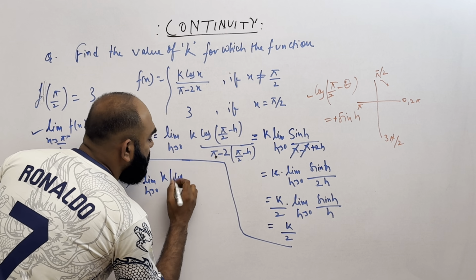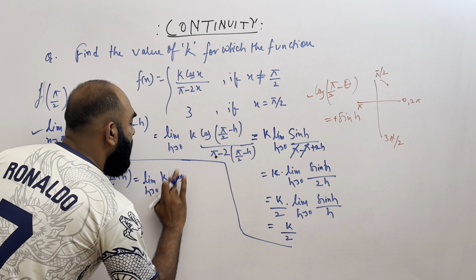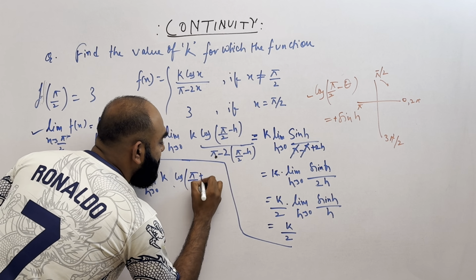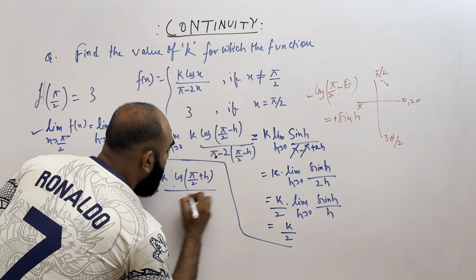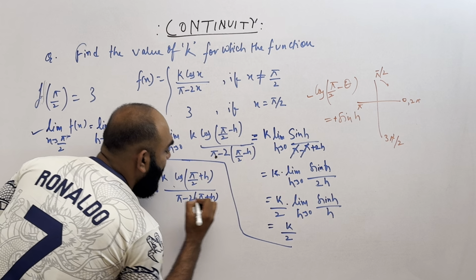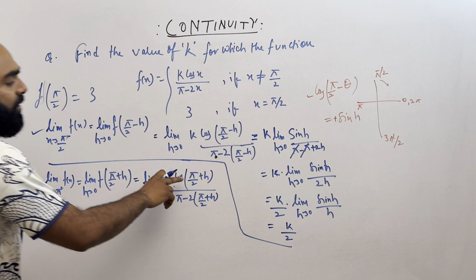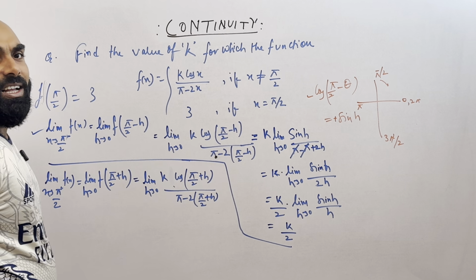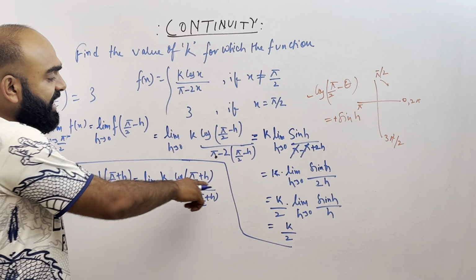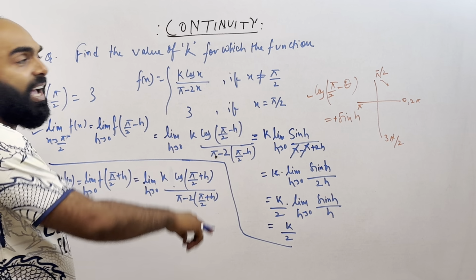k cos x, where x is pi by 2 plus h, divided by pi minus 2 into pi by 2 plus h. Again the same thing, cos of pi by 2 plus or minus theta: cos is going to change into sine, with whatever theta is there. Which quadrant?